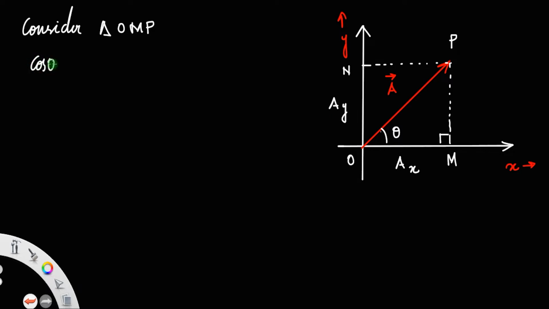So cos theta is equal to, what will be cos theta? The adjacent side by hypotenuse, that is OM divided by OP.